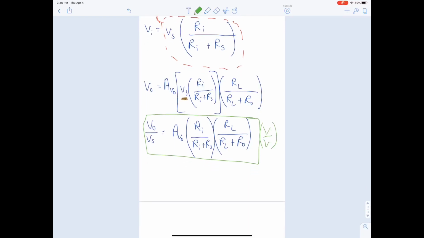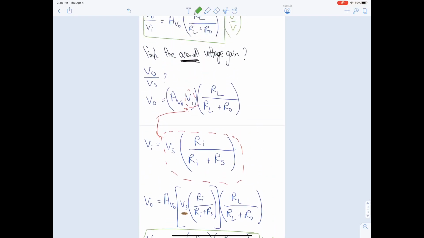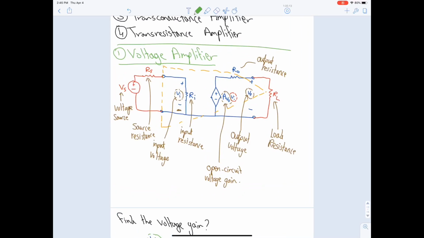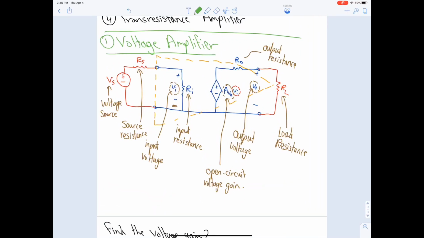Great. Now let's move on. Before we move on to the second type of amplifier, let's find the ideal characteristics of this amplifier. In order to find the ideal characteristics of this type of amplifier, you can only play with Ri and Ro.